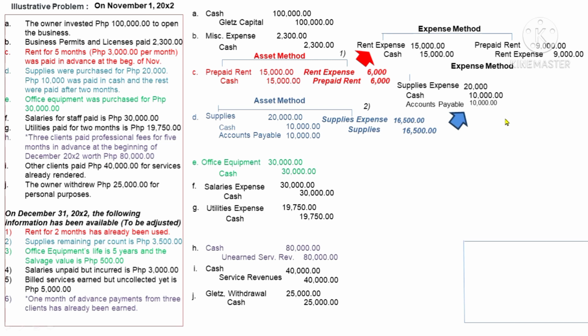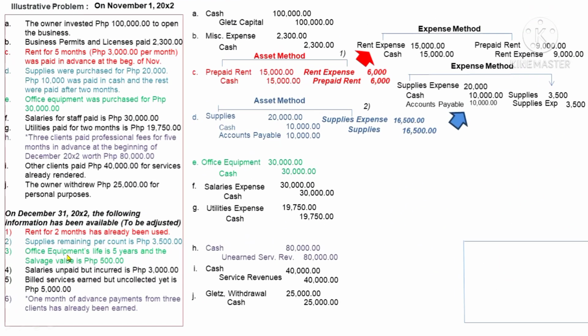Now, at year end, we are going to establish that only supplies of 16,500 was used. So the supplies expense should be credited by 3,500 to reflect the actual use of 16,500. And of course, we are going to establish the unused, so we're going to debit supplies worth 3,500.